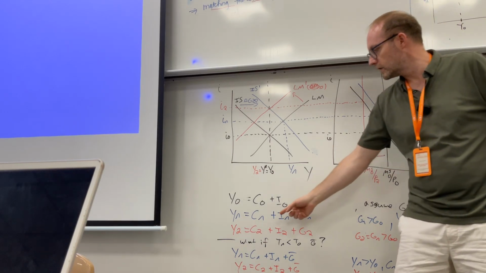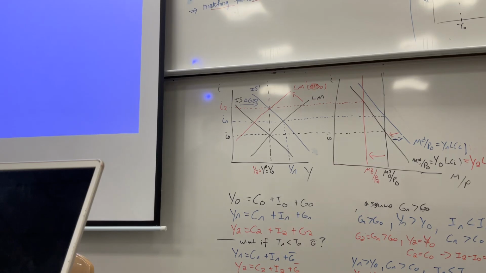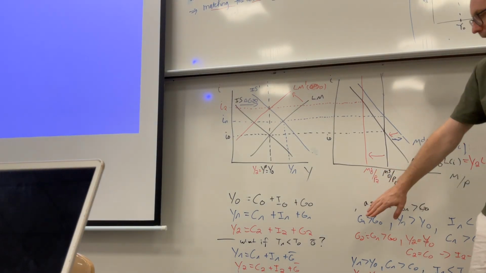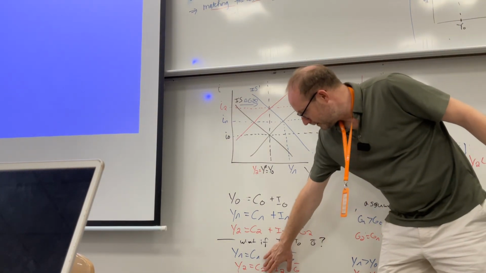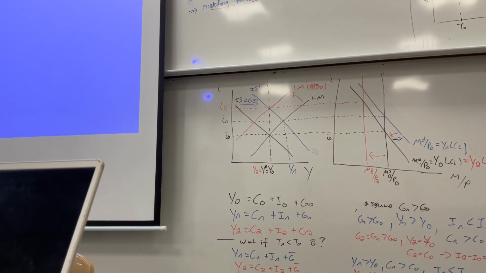But who? Has the G crowded out the C or the I? Or both? We determined that if it's the G that did the crowding, I gets crowded out. If it's T, taxes, that we're doing the crowding, then we actually increase C, but again, crowd out investment.